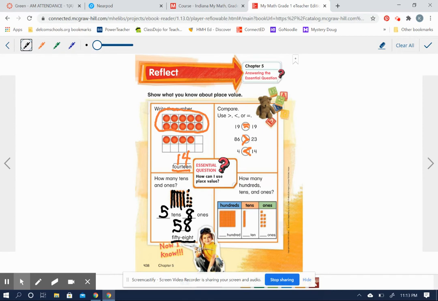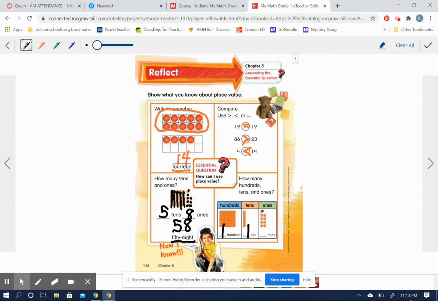Very good. Okay, so now we've got a chart here, and it says how many hundreds, tens, and ones. Remember now, a flat is a 100. How many flats are there, or how many hundreds? Yeah, there's just one. How many tens are there? There's just one. And how many ones are there?